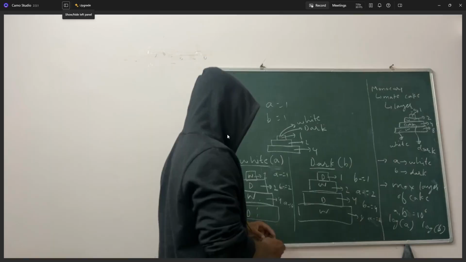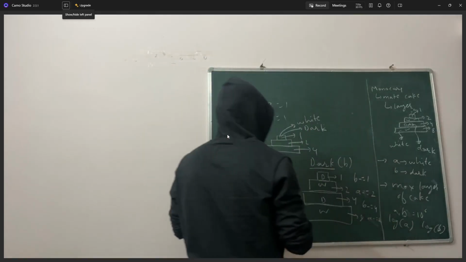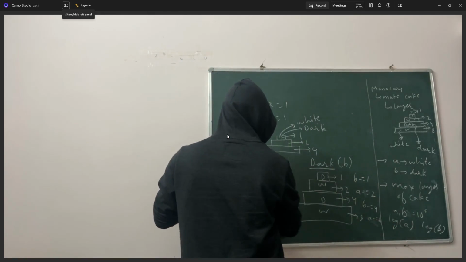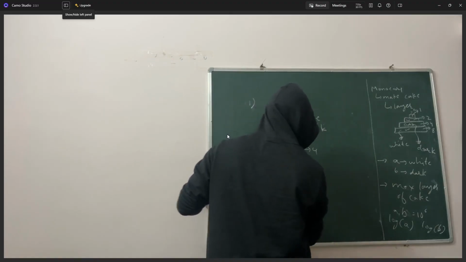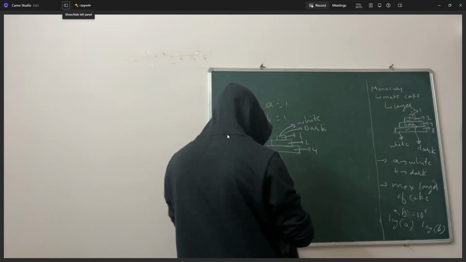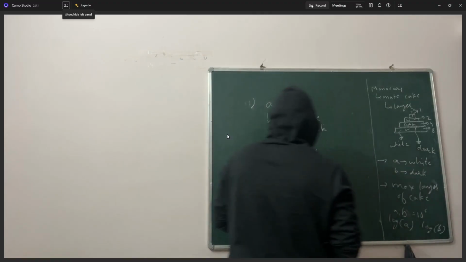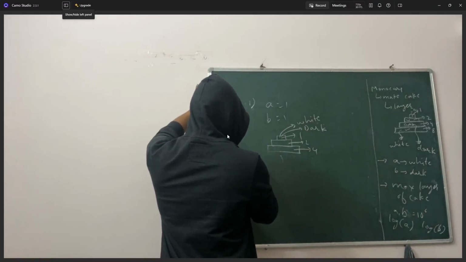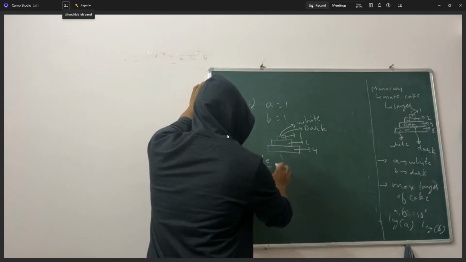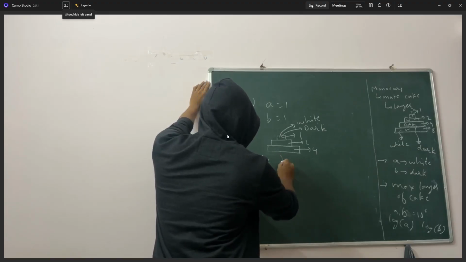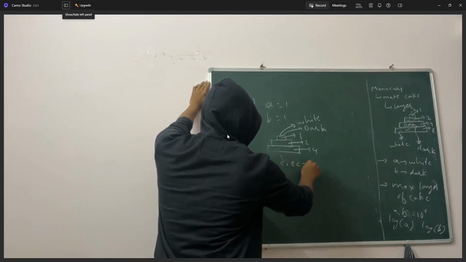So here also we are trying to do the same thing. Let's understand the example. I'll start with white. When I'm starting with white, I'll take one variable as size. Initially it will be 1 because the top layer size is 1.